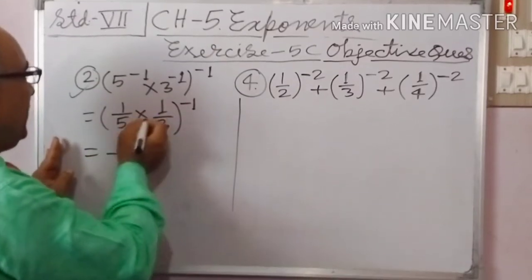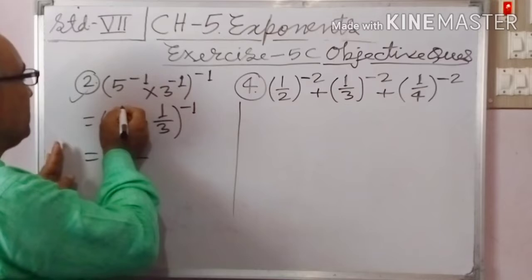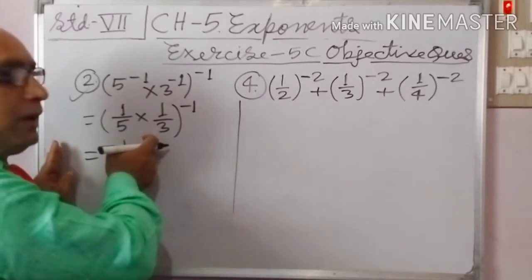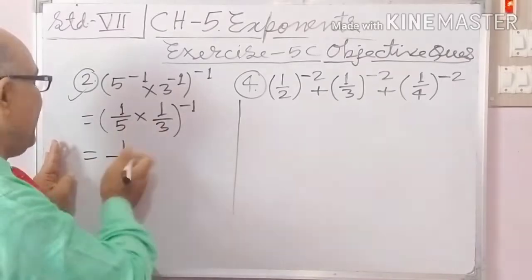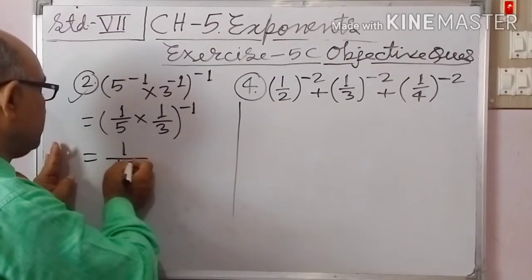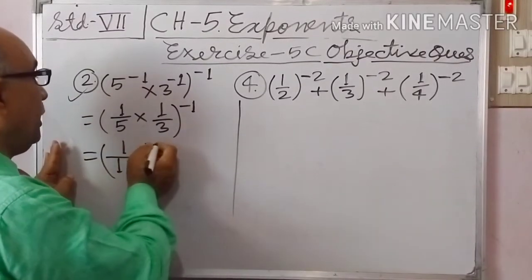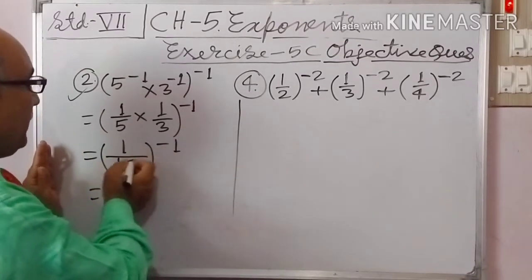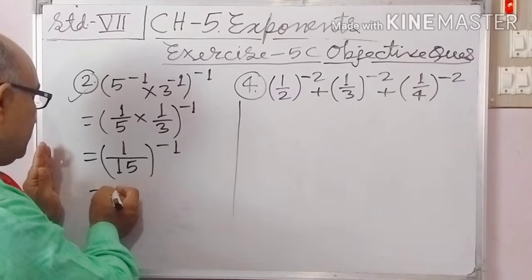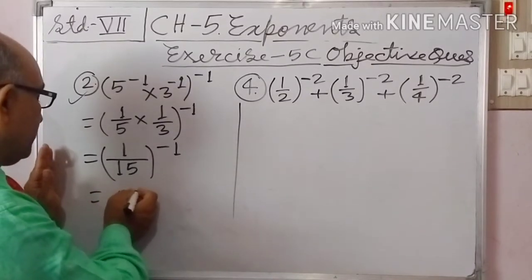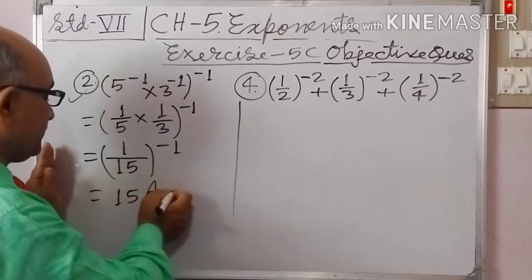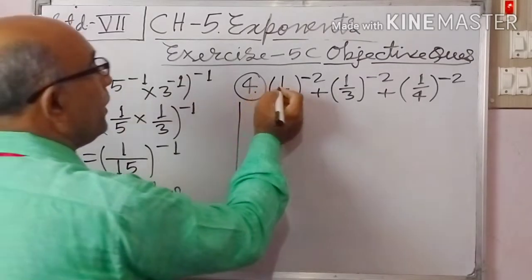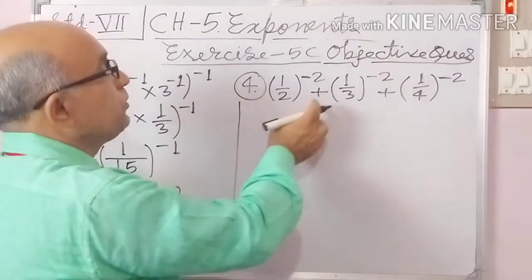Numerator multiply by numerator, so 1 into 1 is 1, and denominator multiplied by denominator, so 5 into 3 is 15. Whole power minus 1 equal to 1 by 15 to the power minus 1 equal to 15. Answer of this question.